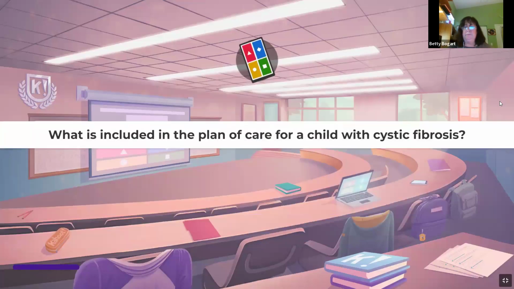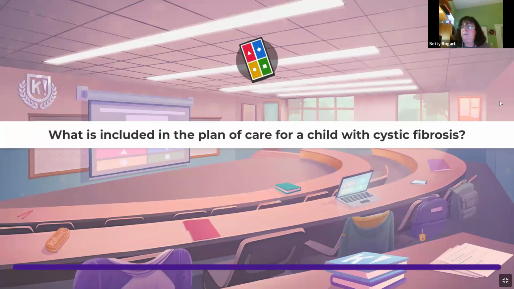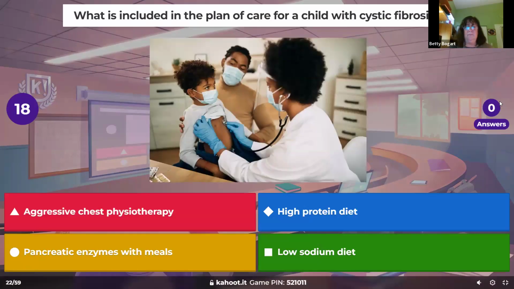Another multi. What is included in the plan of care for a child with cystic fibrosis? I remember one family, they had 3 boys with cystic fibrosis. And one of the boys was also a cardiac, severe cardiac.